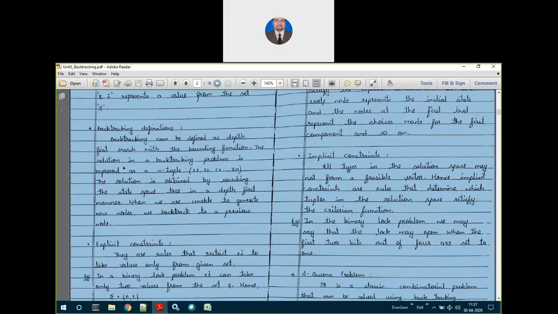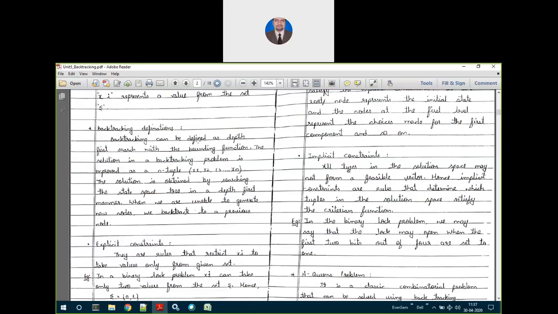If we understand what depth first search is, then backtracking is very easy. What we are about to do is find the solutions for a given problem in such a way that we start solving the problem by drawing the state space tree in depth first search manner.